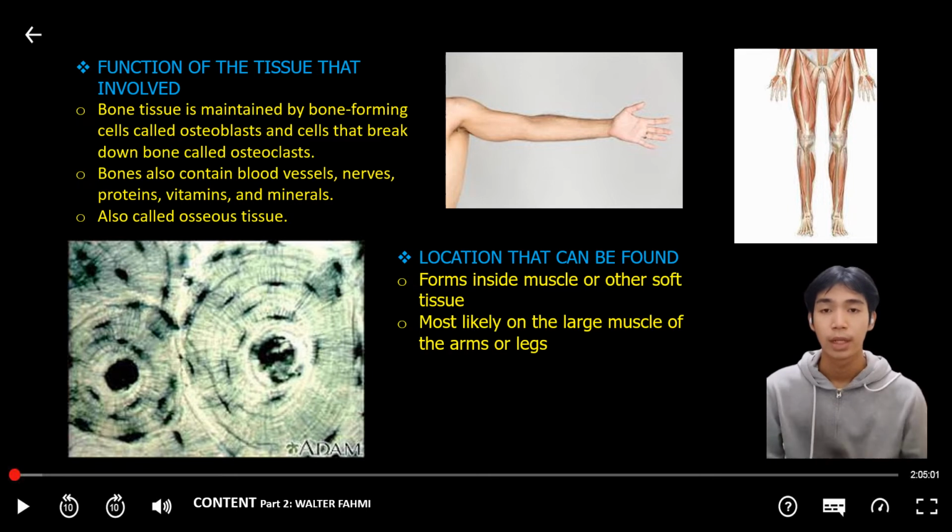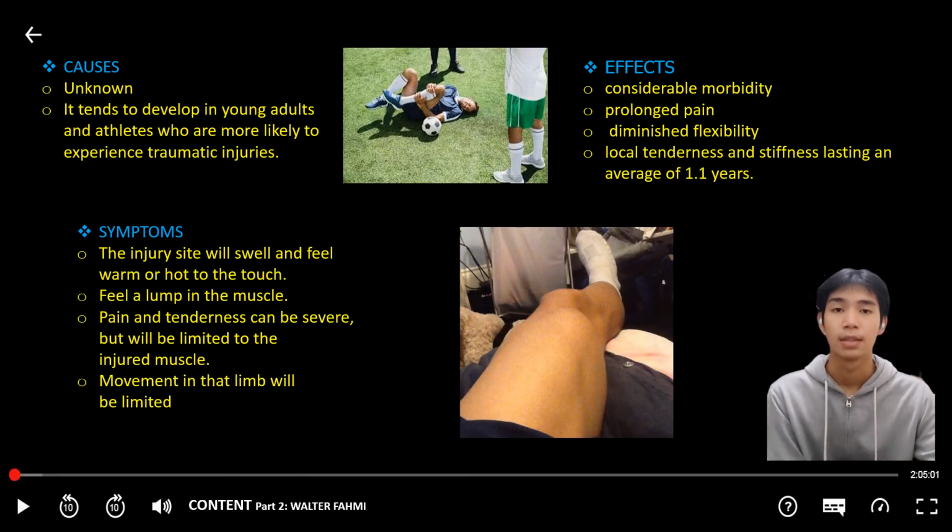So, where are the locations of myositis ossificans that can be found in our body? Well, it will be formed inside muscles or other soft tissues, but it will most likely be on the large muscles of the arms and the legs. So, what are the causes for myositis ossificans to exist in the human body?